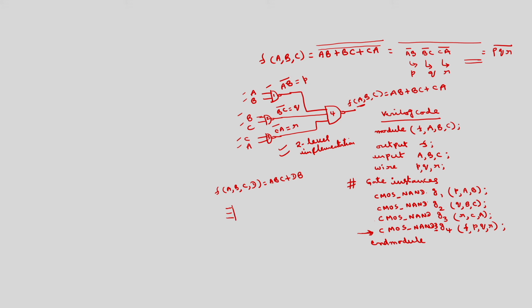This is an AND of A, B, C, this is another AND of D, B, then we require an OR gate to obtain f of A, B, C, D. This is called 2 level AND OR implementation. So, you replace these gates with NAND gates.